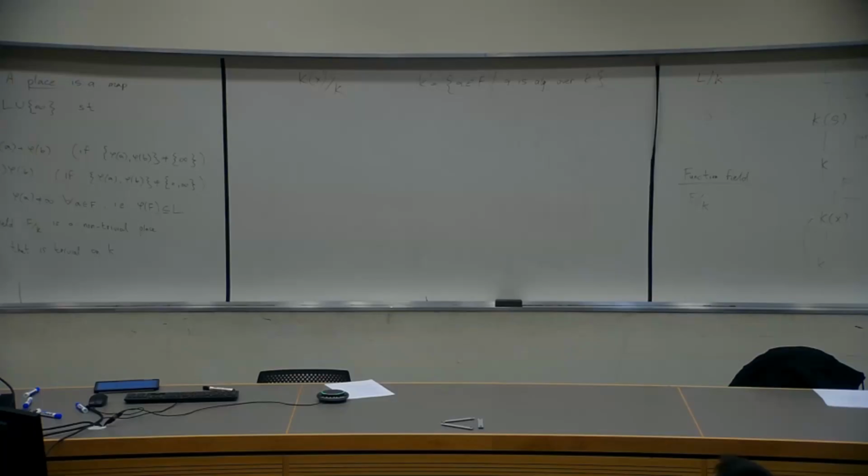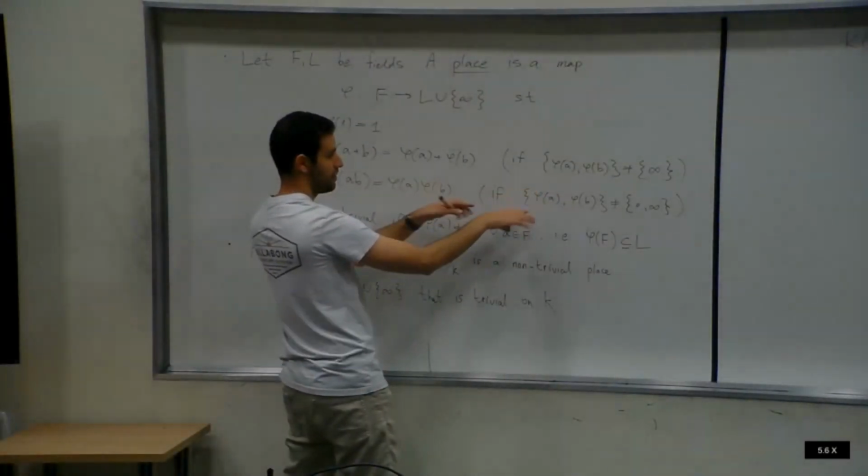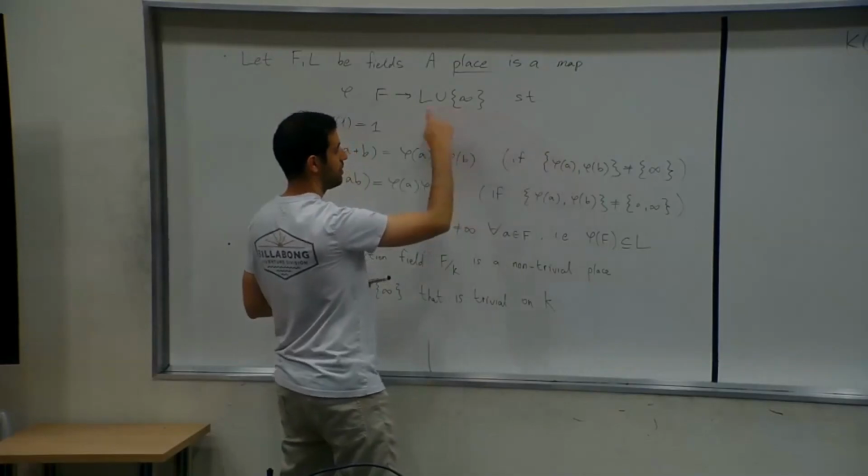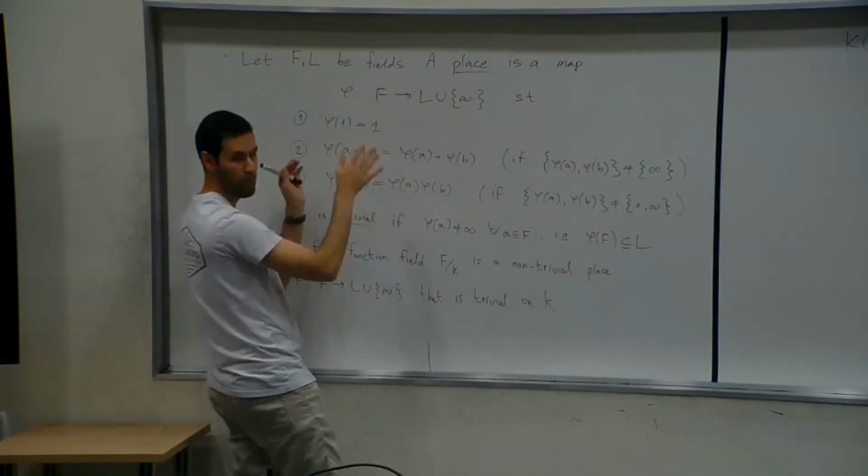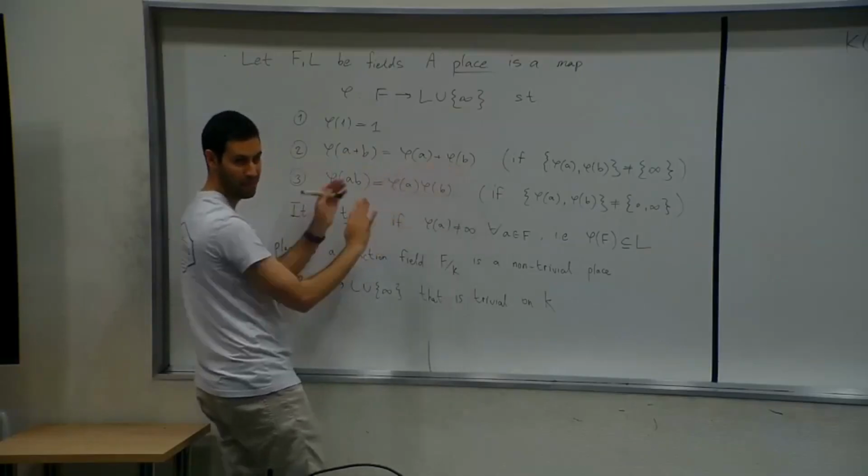If we have a sum of a and b, then the value of the sum is the sum of the values. Same for product, unless we are in the edge case that the image is infinity, like a and b have poles, so only when it is defined.